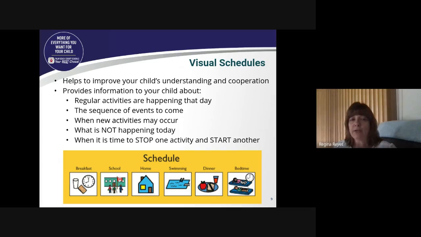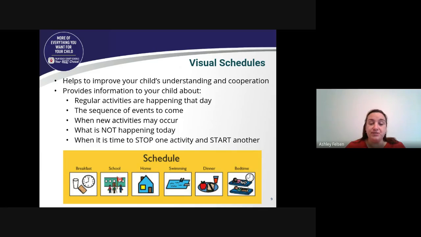So the example here shows we have breakfast first, then we go to school, then we come home, then we have swimming, dinner, and bedtime. And also, we have some resources in the folder as well to create your own visual schedules at home.